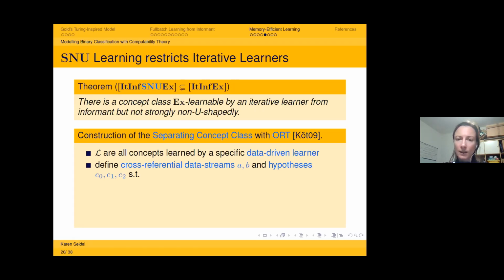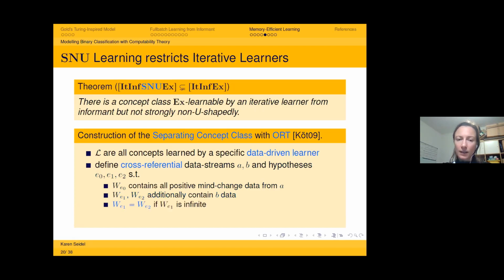refer to one another, and also hypotheses E0, E1 and E2. There are infinitely many, or countably many, E1 and E2, and they are defined such that W_E0 contains the positive mind change data from A, and W_E1 and W_E2 additionally contain data of B. They are sometimes equal, but not always, and are defined in such a way that not both of these sets can be learned strongly non-U-shapedly.